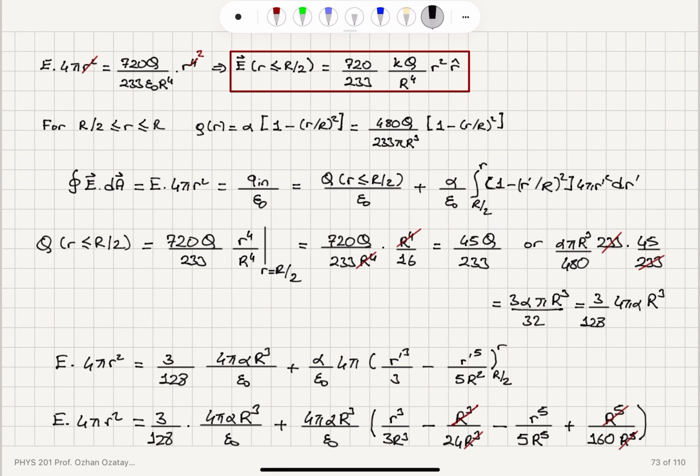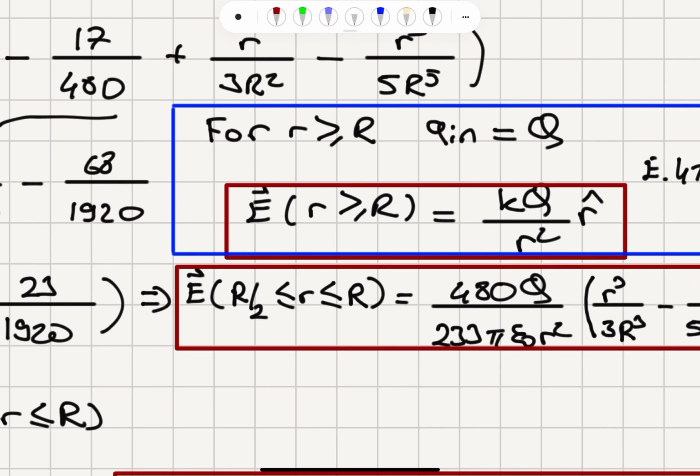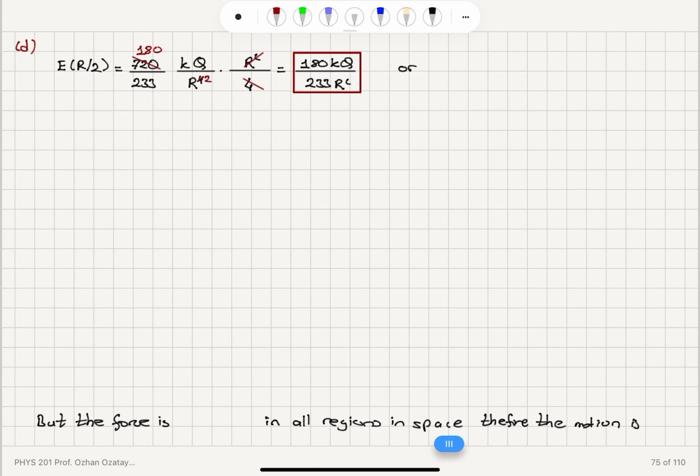This answer was given in terms of k, and here this answer is given in terms of epsilon 0. So in order to convert to k, all you have to do is multiply top and bottom by 4, right? So you would get 1 over 4 pi epsilon 0, and on top here, 4 times 480 will give you 1920.